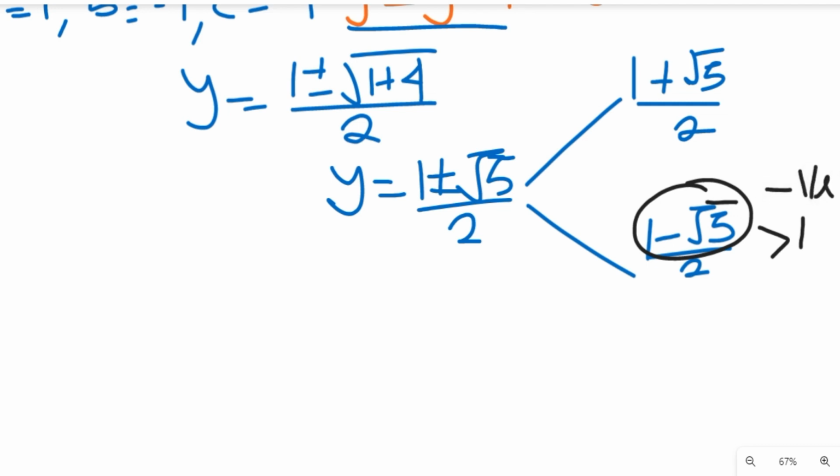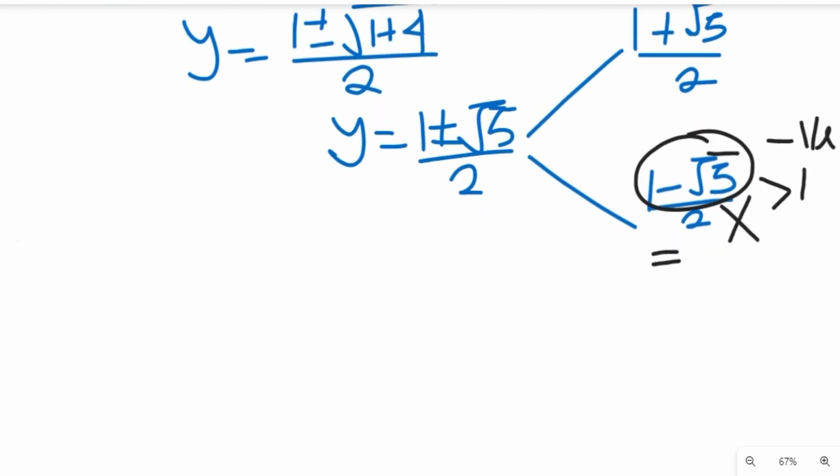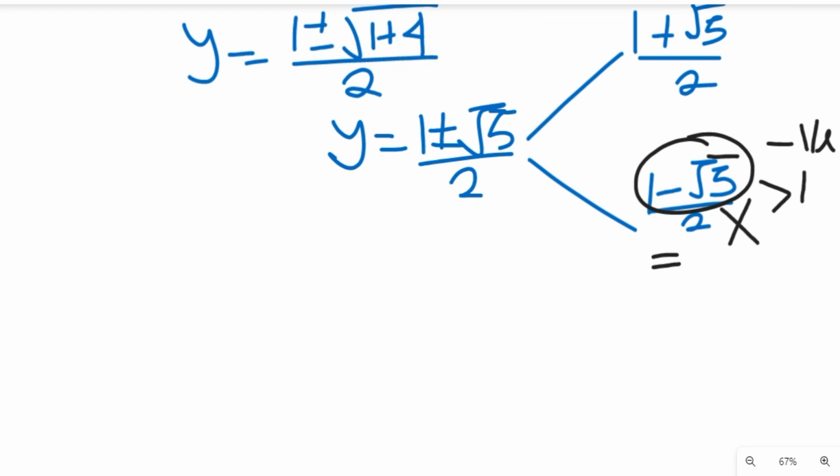And since it's going to give us a negative value, that means this solution will give us a non-real solution, which is an imaginary solution. And as a result of that, we're going to neglect this solution. And then we'll work with the other solution, which will give us a real value. So with that, we can have our y to be equal to 1 plus square root of 5 divided by 2.